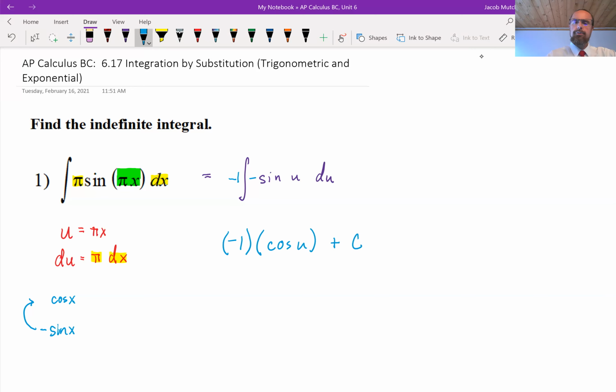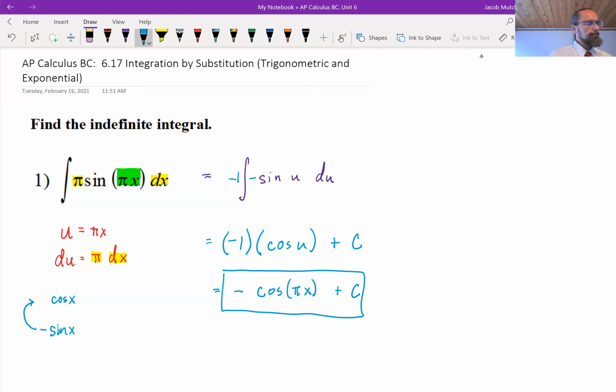All that's left for me to do once I integrate like that is to substitute back in pi x for u. So my integral is going to be equivalent to negative cosine pi x plus c. And that completes the integration for this first trigonometric example.